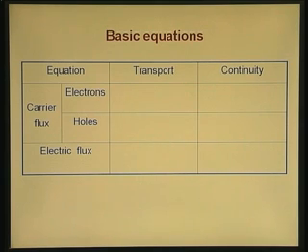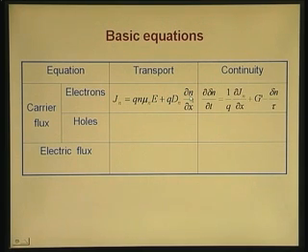So you have the transport equation for electrons, which combines the drift and diffusion. Then during the flow you have the continuity equation, describing the distribution of electrons when there is generation, recombination and movement.